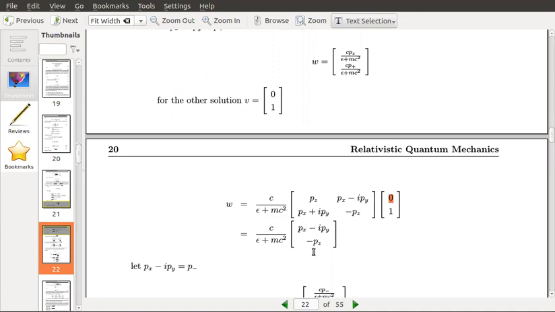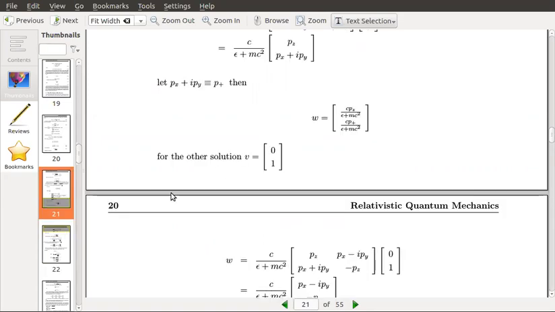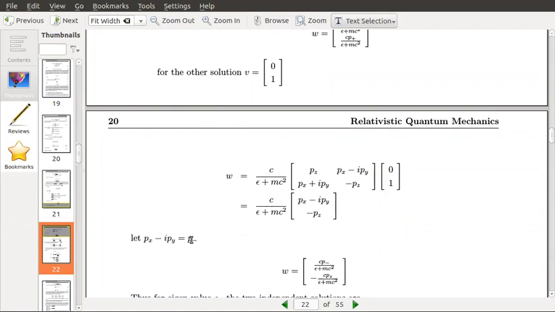You will get px minus i py. Okay, so px minus i py, you take it as p minus. That is a representation: p minus. So here it becomes p minus.